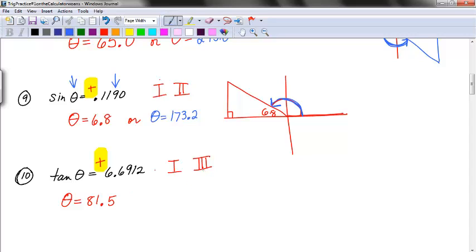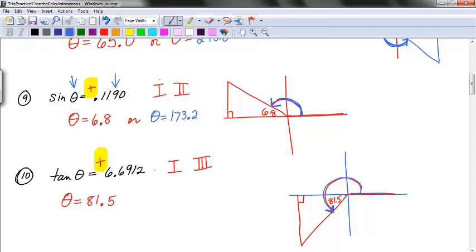Okay, so then we need to go into quadrant 3. So draw a sketch for quadrant 3. So you've got to start on the positive side and go over into quadrant 3. Remember that perpendicular goes back to the x. So this angle inside is 81.5. So now you've got to figure this whole thing. How do you go from here all the way to that terminal side?